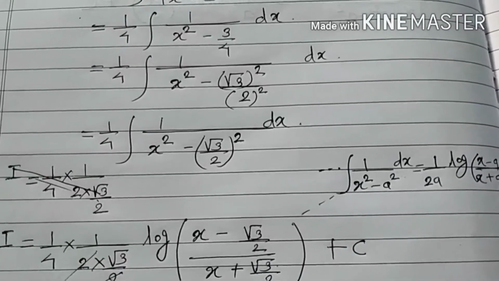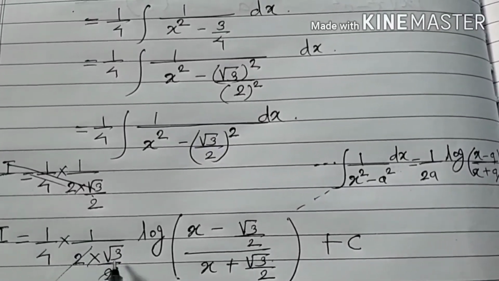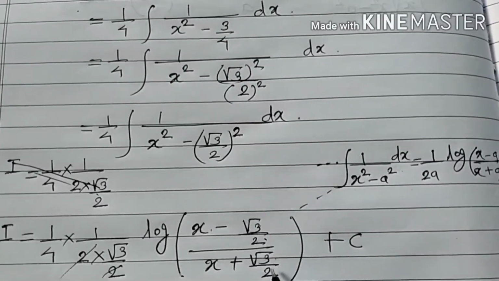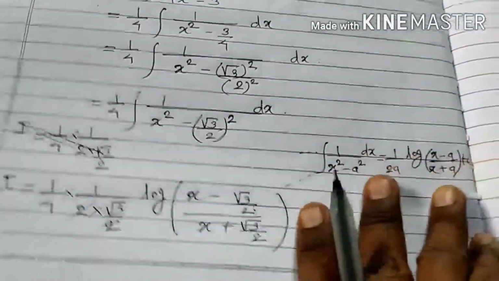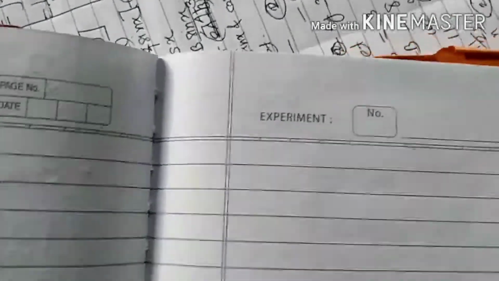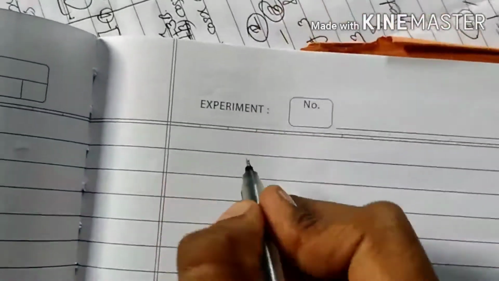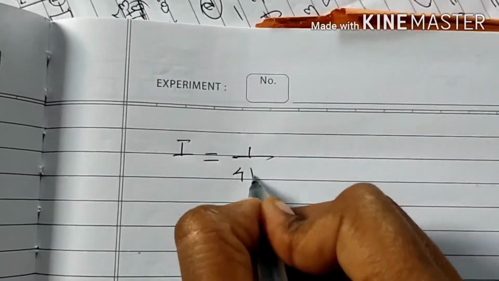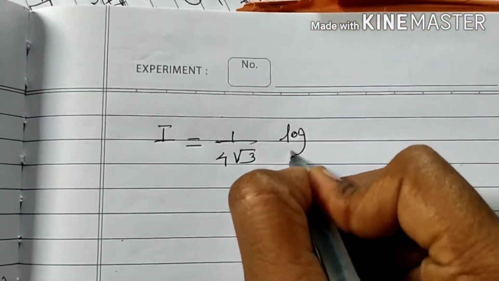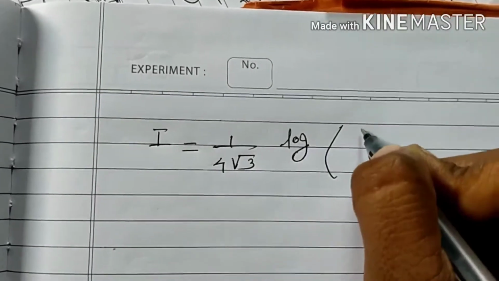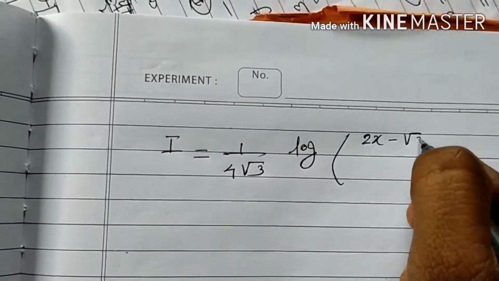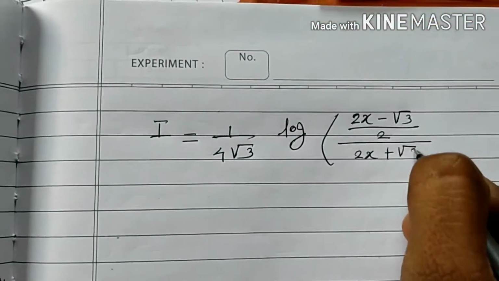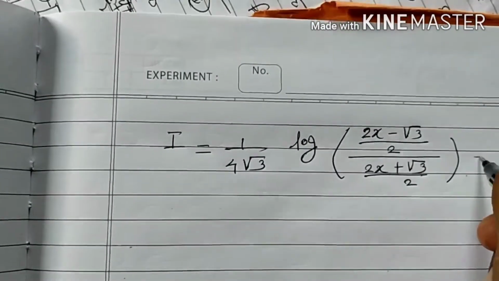Now this 2 gets cancelled, so we get 1 upon 4 root 3 into log, to get it multiplied here, 2x minus root 3 and 2x plus root 3. Therefore I is equal to 1 upon 4 root 3 log (2x minus root 3 upon 2) upon (2x plus root 3 upon 2) plus c.